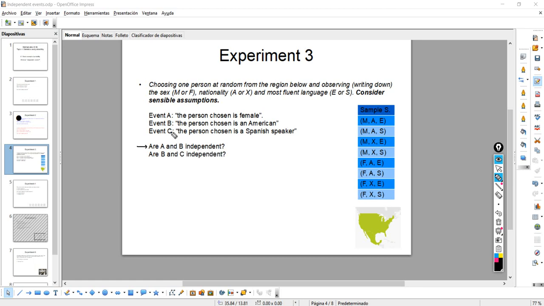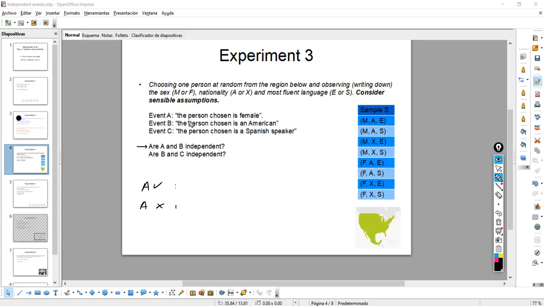How can I know that? Well, ask yourself, if the event A happens, or it doesn't happen, does that change the probability of the event B? That is a question that you have to ask yourself.